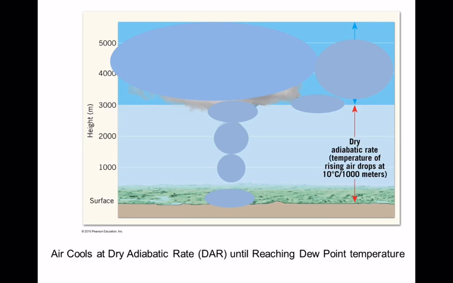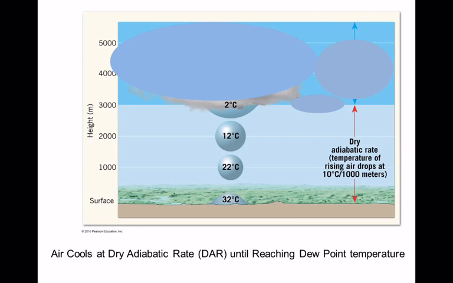Again, I like the little hash marks, every 1,000 meters or 1 kilometer. So we start with a chunk of air, 32, and only when you see cloud does it cool at the wet adiabatic rate. Here it's the dry adiabatic rate. Here at about 3 kilometers, you see the little base of a cloud. So now it's not going to cool to -8.